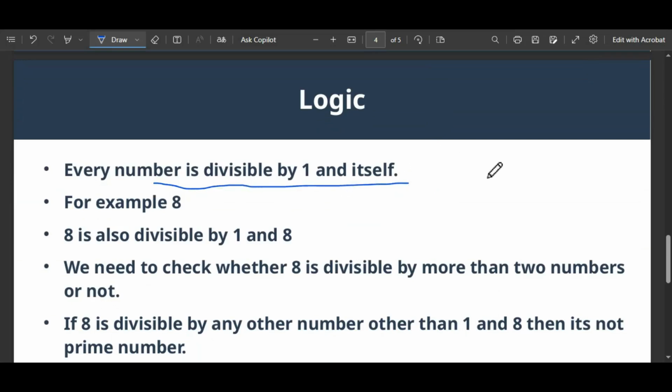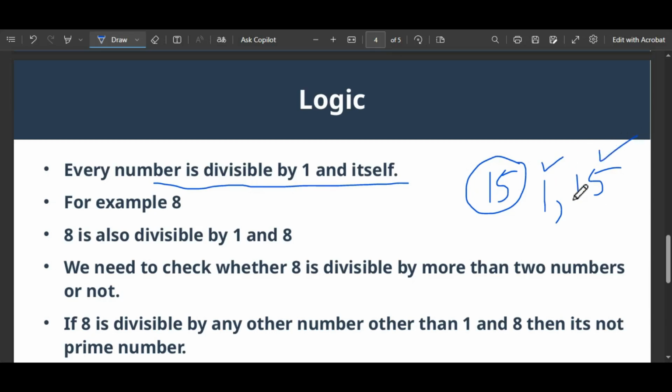It's a very important rule that any number you take, for example 15, right? This 15 can be divided by both numbers, that is 1 and 15. So that's what I'm saying here, that every number is divisible by 1 and the number itself.